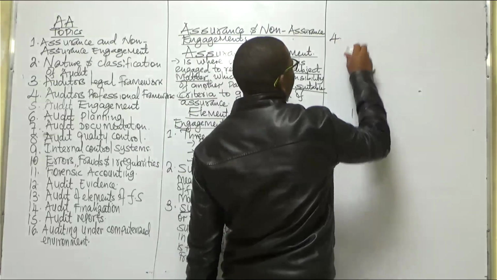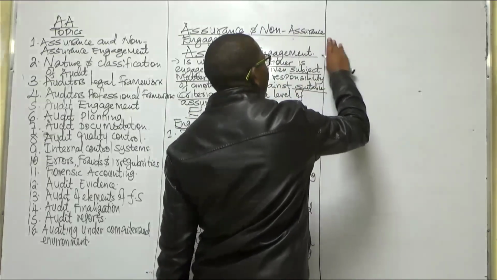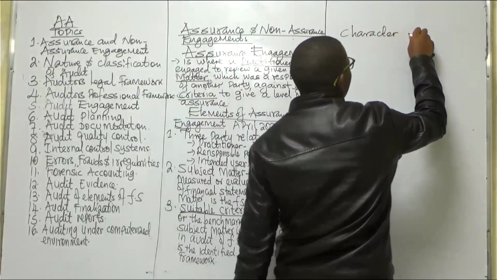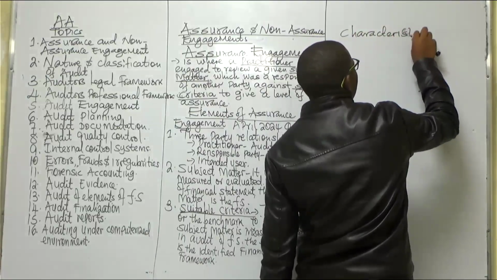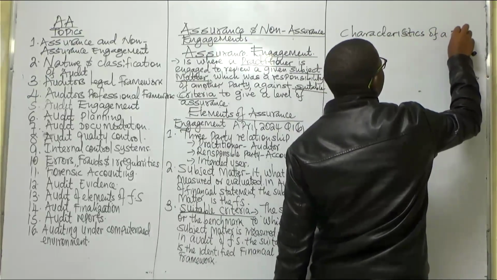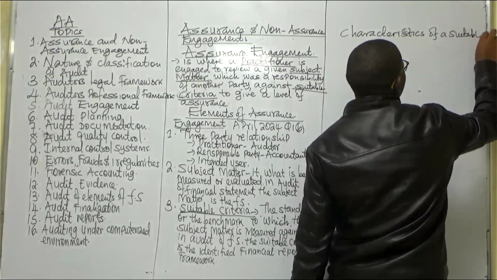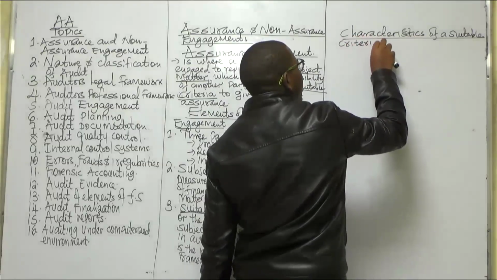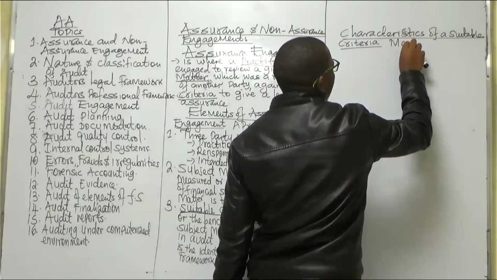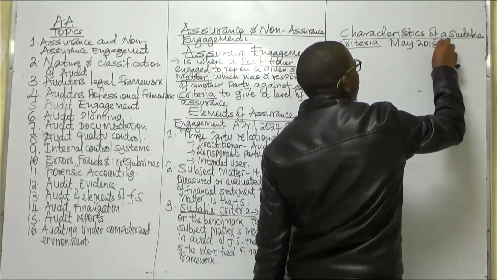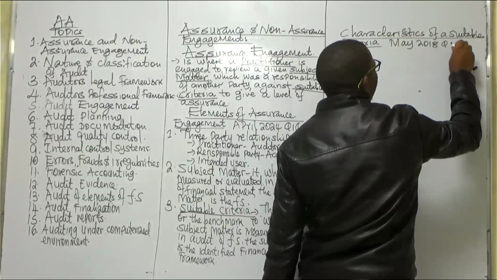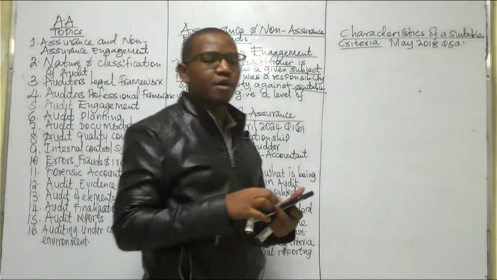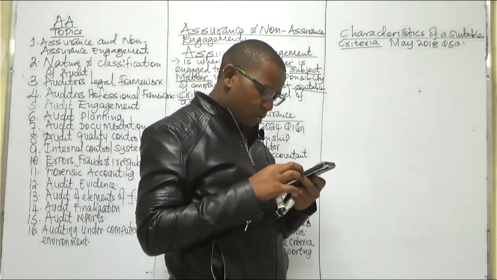Number four, we talk about, and before that, there are what we call the characteristics of a suitable criteria. This was in a sitting of May 2018 question 5A, where you are to talk about the characteristics of a suitable criteria.